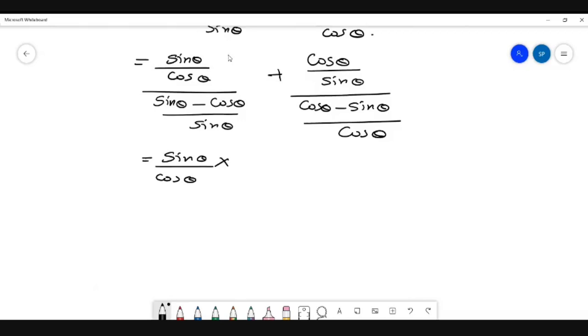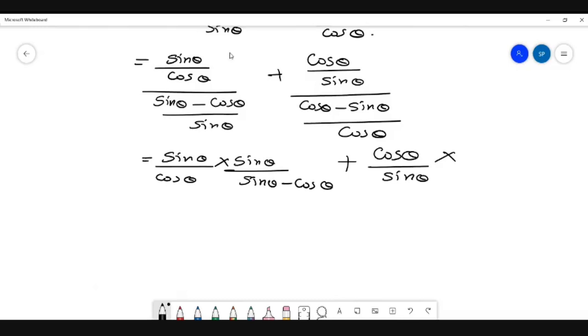So the reciprocal of this expression is sin theta by sin theta minus cos theta, plus cos theta by sin theta into the reciprocal of this expression, which is cos theta by cos theta minus sin theta.